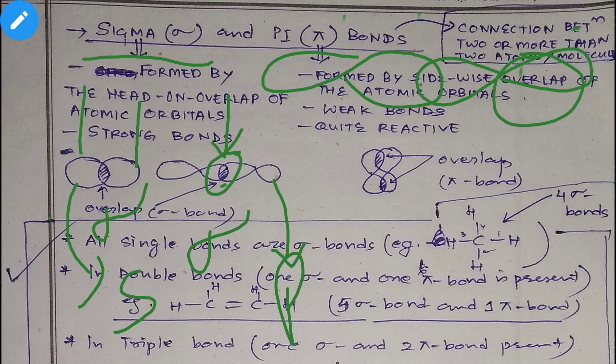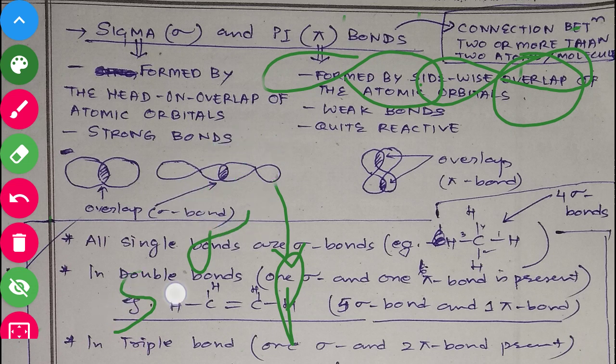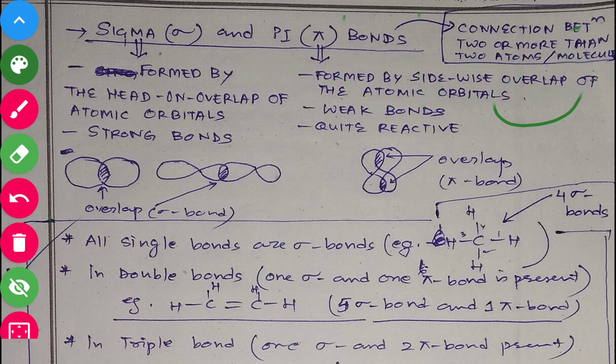Now the pi bonds. They are formed by lateral overlap, not head-on overlap. Lateral means sidewise: the orbitals have to meet sidewise, not directly. In a sigma bond head-on overlap takes place, but in pi bonds only sidewise overlap takes place, and that's why they are not very strong.